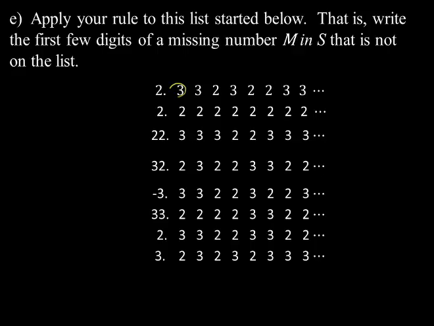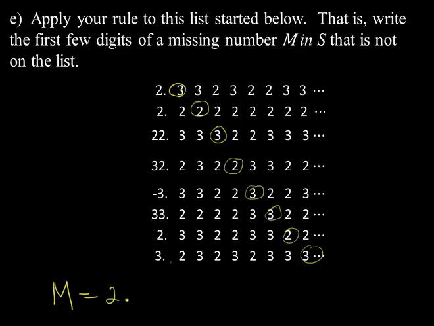I'm just going to circle them as I go down here, the numbers on the diagonal, starting with the digits after the decimal point. We said we're going to make a missing number M, and I can make it 2-point or 3-point. We didn't say what we were going to do with the digits to the left of the decimal point, but the trick is in choosing those to the right. I just go down this diagonal.